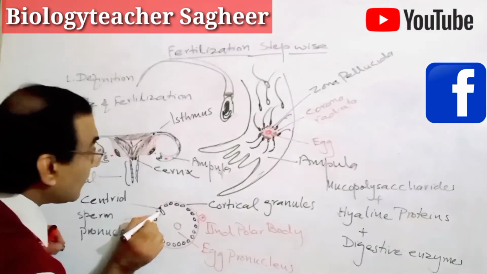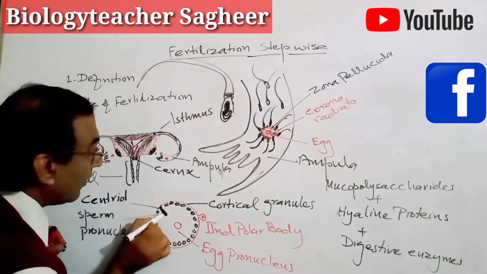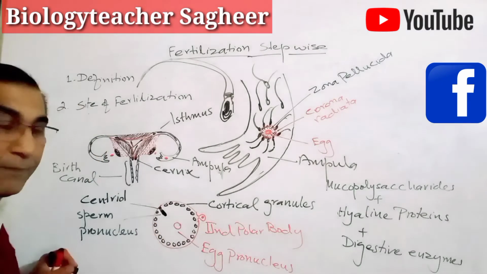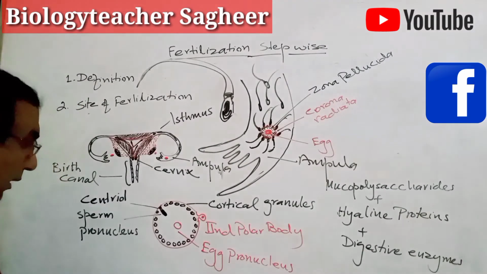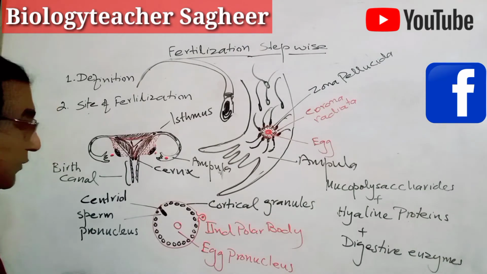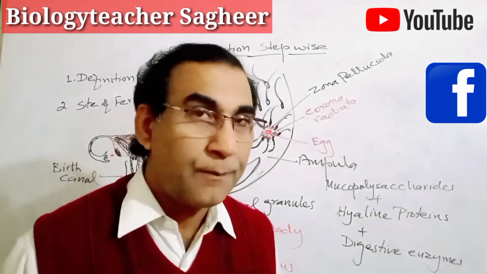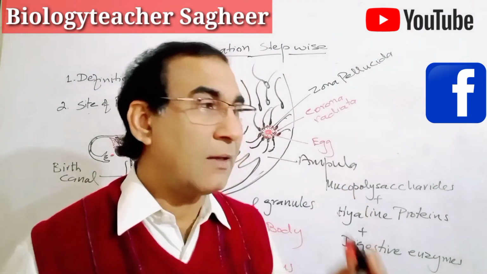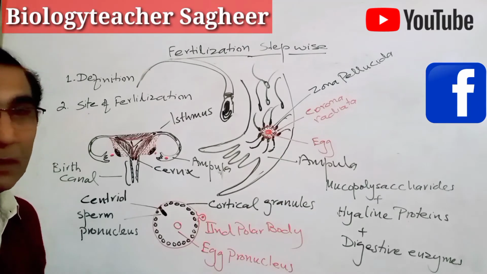Suppose this is the head of the sperm. The tail of the sperm has the duty only to provide energy and bring the sperm up to the ovum.